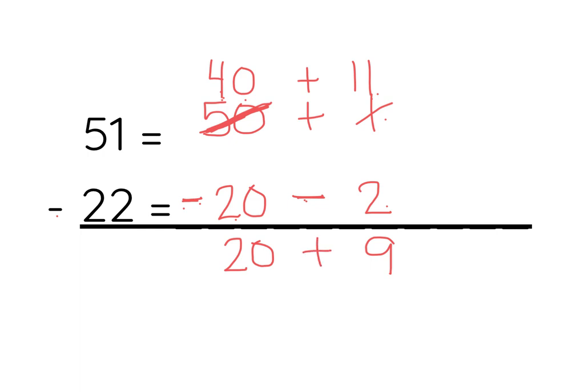So 20 plus 9 equals 29. Notice you can always check it by adding 20 plus 20 and getting 40, and 2 plus 9 and getting 11, and checking that, and it's the same as what you started with.